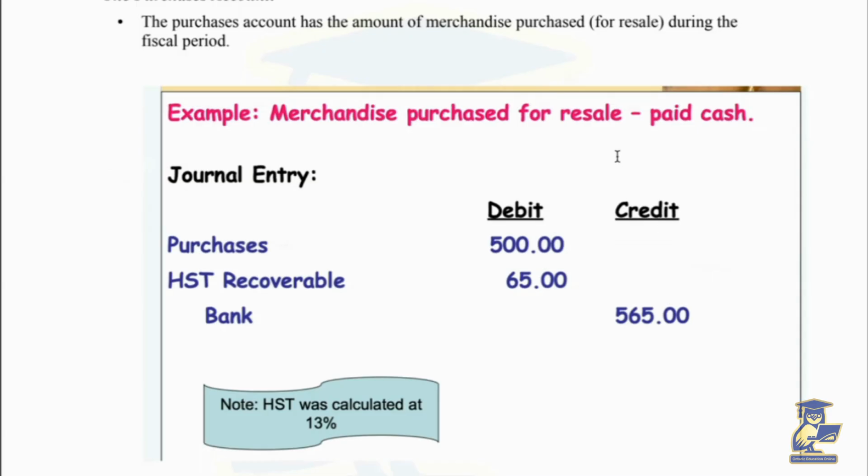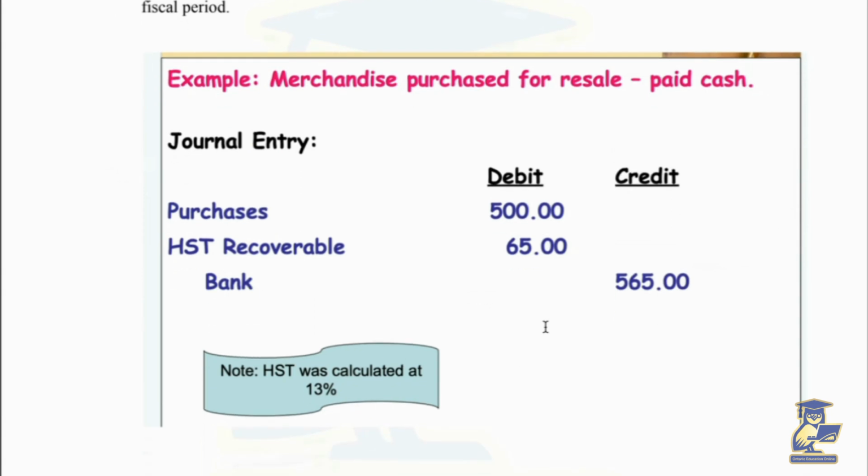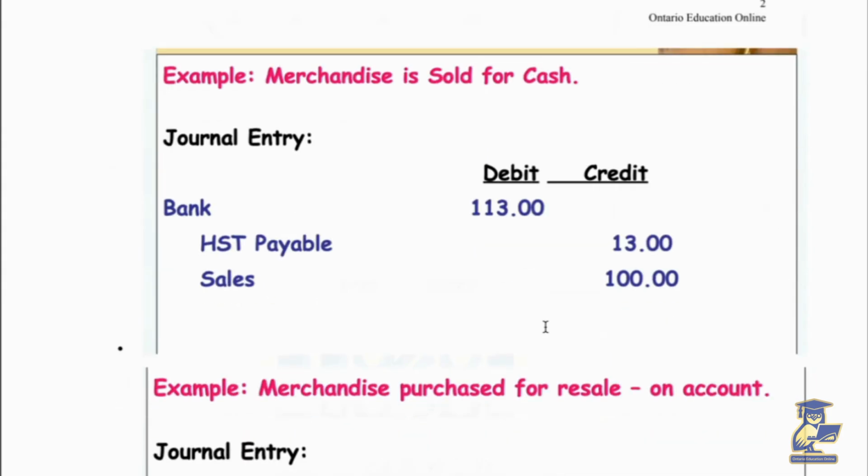So we have our purchases debited, in this example, for $500, we have our HST recoverable, which is calculated at 13% for $65. And with this, we are going to credit our bank for $565.